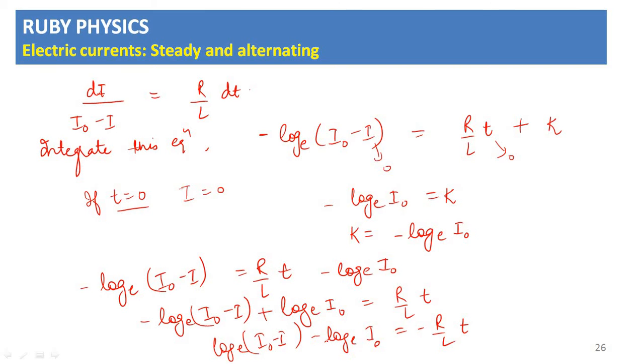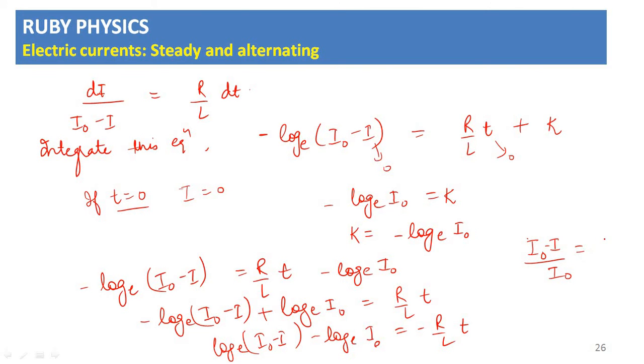So now, in this equation, if you have to remove the log, you will have to take the exponential of this function. First of all, you will write this log in the form of a single log, which can be written as (I₀ - I) upon I₀.